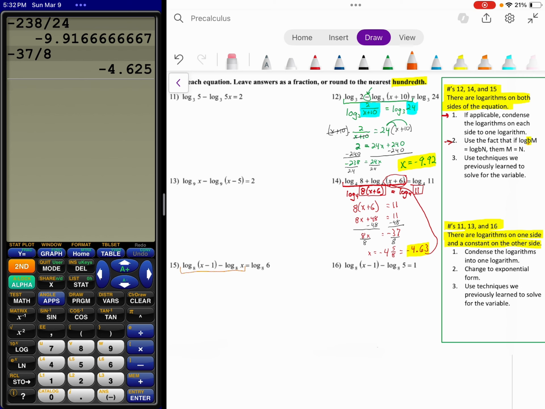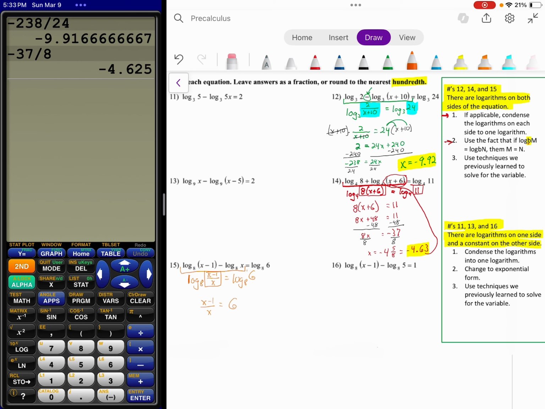This is subtraction, so this is going to condense to log base 8 of x minus 1 over x is equal to log base 8 of 6. Now it fits step 2, so we know that x minus 1 over x equals 6.